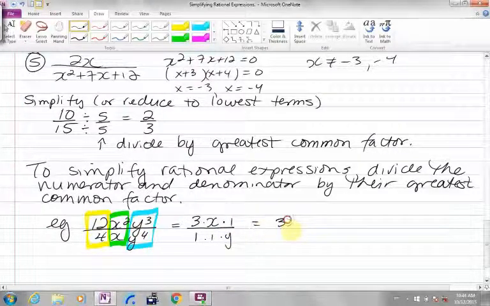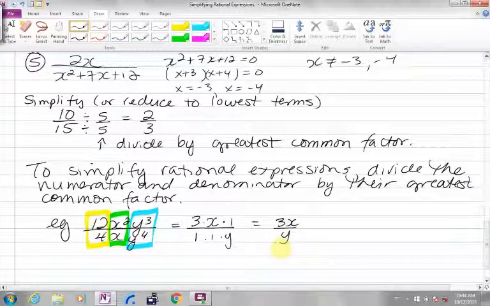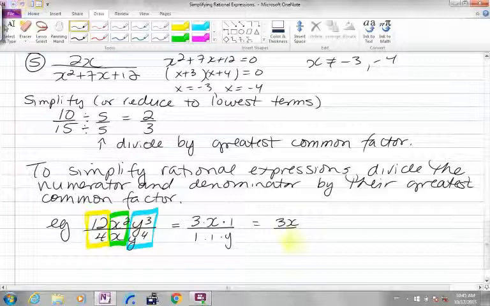So our final answer would be 3x over y. Right? We've done that before. So sometimes you'll see people just divide it out and do it this way, and write the common factors above, and that's fine too. Whatever works for you.